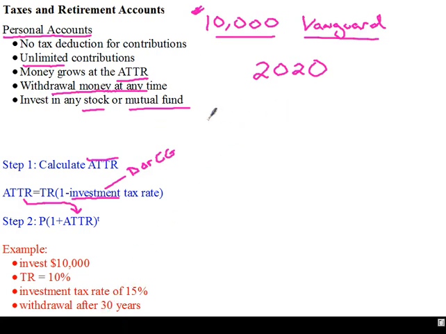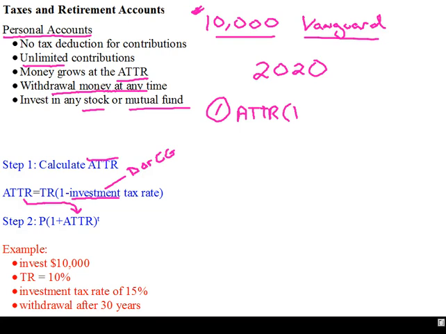So here we go. Step number 1 is I calculate the ATTR. The after-tax total return is going to be... sorry, let me back this up.